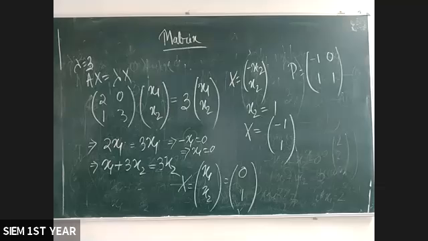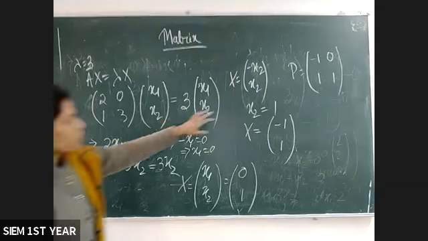D means you have to just find the eigenvalues and put them in the principal diagonal. Then this is your required D. Next, what is P? P means you have to find the eigenvectors and write these eigenvectors column-wise in P. Then you will get the required P. In this problem, you have D is equal to P inverse AP.